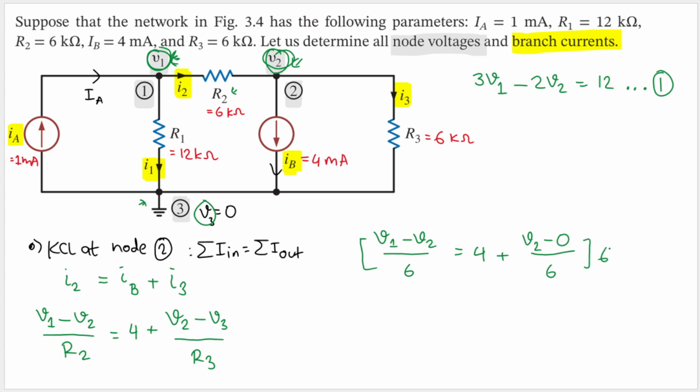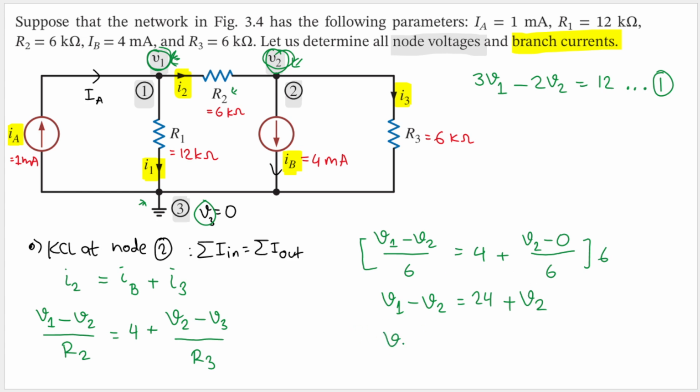Good. 6 and 6 cancel each other, so on the left hand side we have V1 minus V2. Now 4 multiplied by 6 is 24. And then V2 minus 0 is just V2, since the 6 and 6 cancel, so we have V2 here. Let's move this V2 to the left hand side.